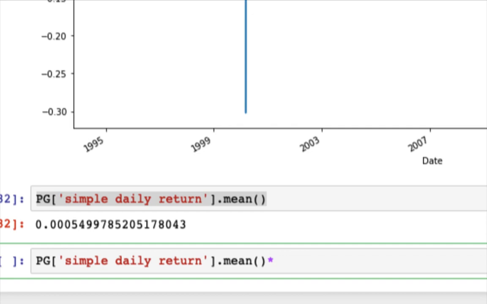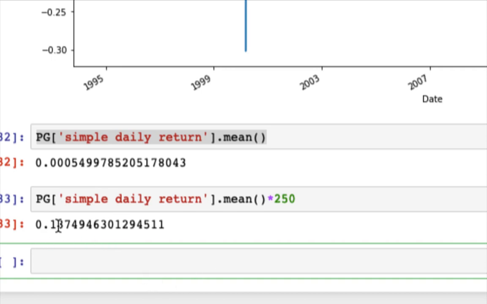It's not 365 in this case, because you have only the days in which the market is open, so this is not really a daily return, because if it is Tuesday, it's compared to Monday, but if it is Monday, it's compared to Friday. Also, around Christmas or days like that, it's not a daily return. So you should not multiply by 365, but by 250, because there are approximately 250 days in which the stock market is open per year. This, however, is an approximation, and I tell you, it's a bad approximation.